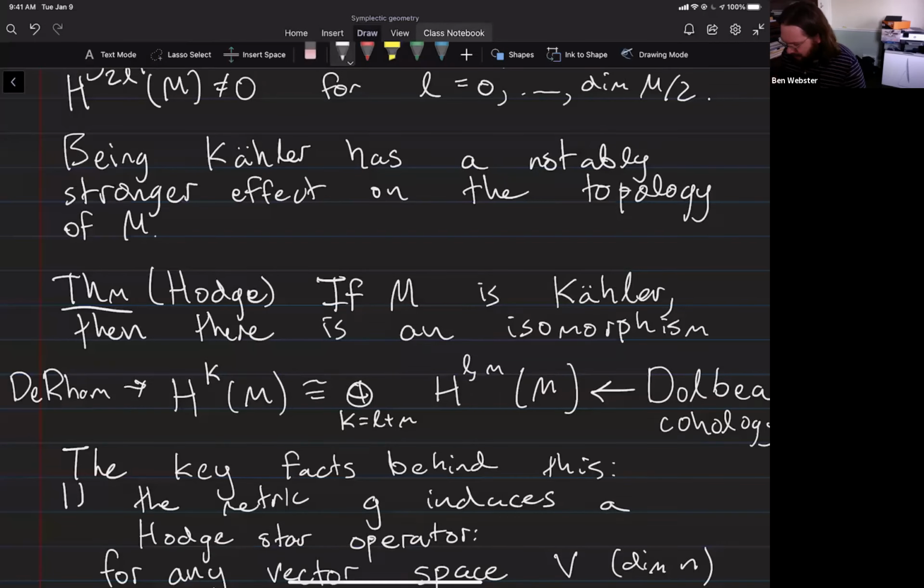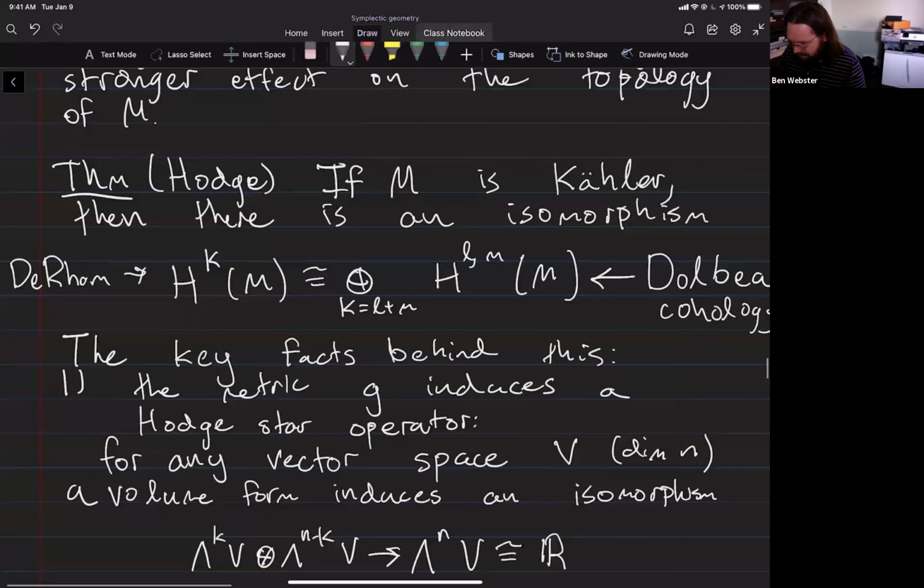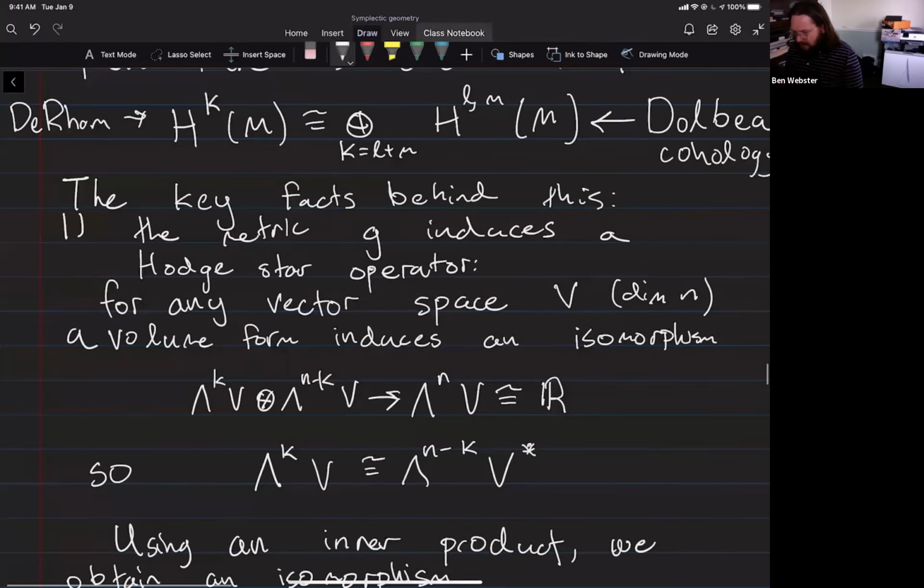We'll go into this in more detail, but let me say a little bit about what you need in order to do this. In order to do Hodge theory, the first thing you need is what's called a Hodge star operator.